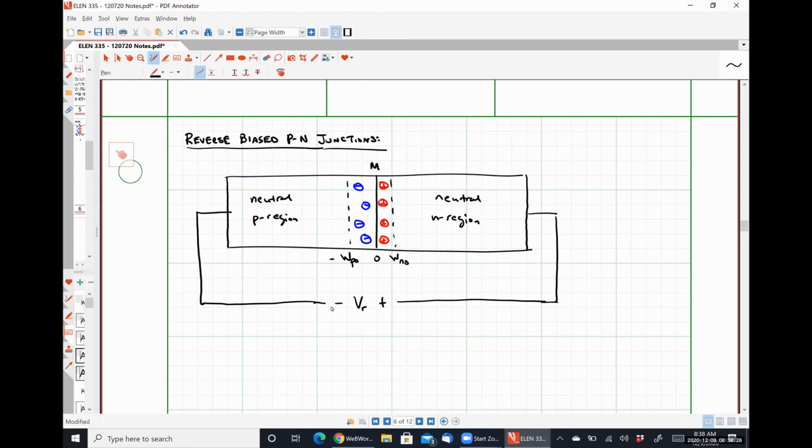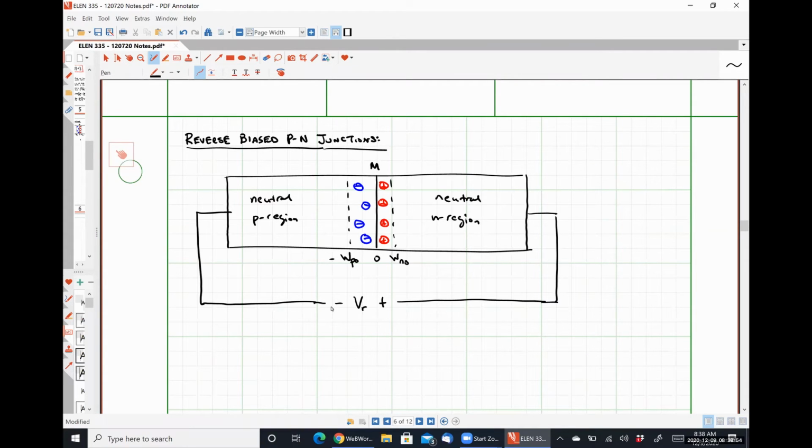What does that mean with regards to the probability that diffusion is going to occur? Any thoughts? So when we had forward bias conditions, okay, before we even get there, what's that going to do to the electric field?